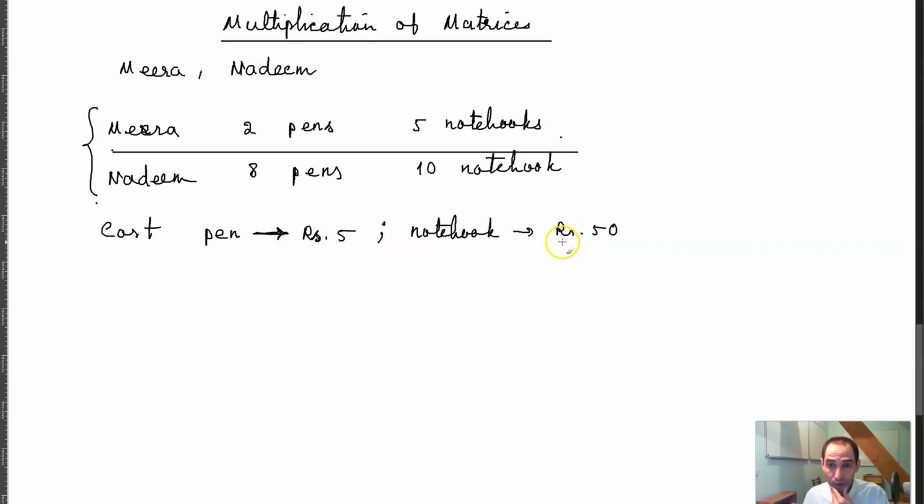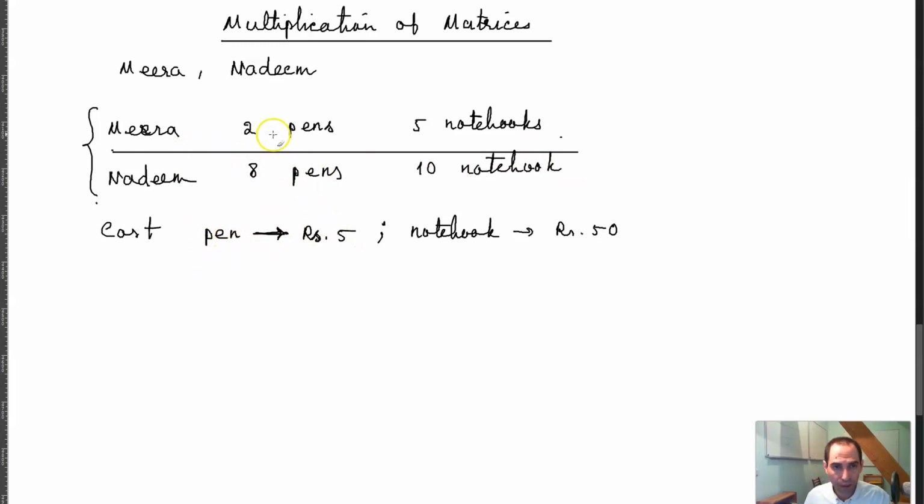What we want to know is how much money Mira needs to buy all of these supplies, and how much money Nadim needs, in terms of rupees, to buy all of the supplies that he needs, right?